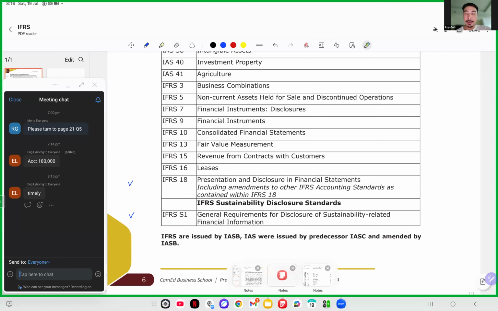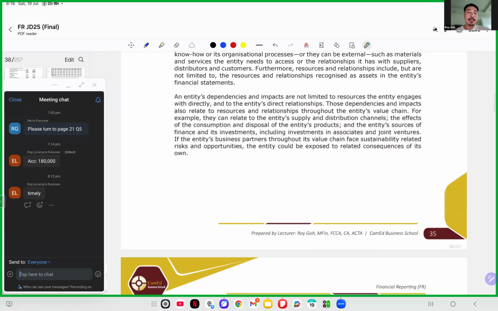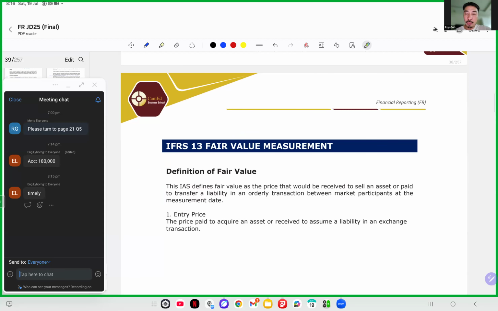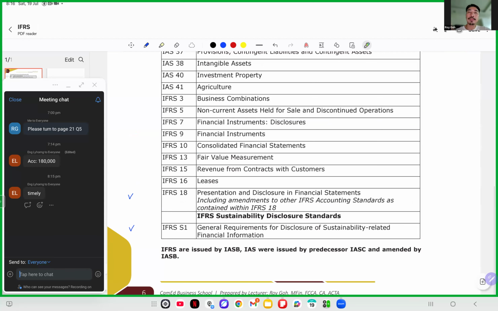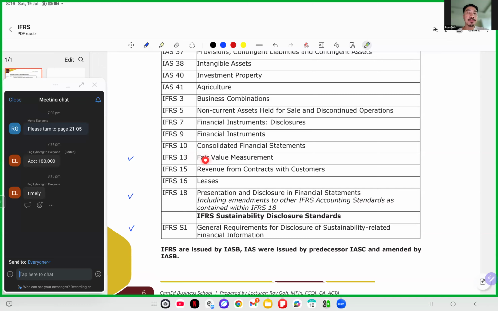All right, so where am I? Thank you for asking me. I'm now on page number 36. What am I doing? I tick one more. I tick one more. I tick one more. So this is your fair value measurement.